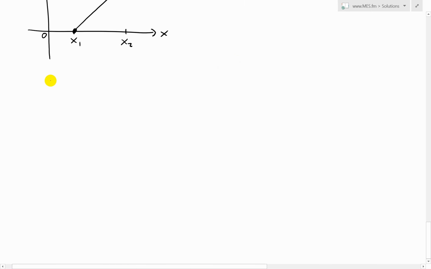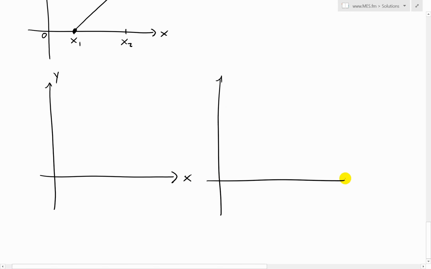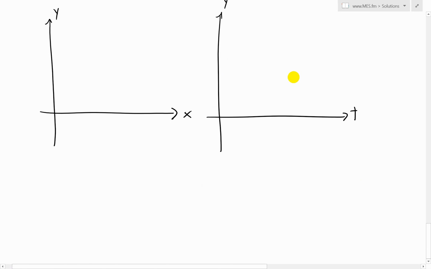Now let's align this accordingly. This is x and this is the y curve. But first let's draw our y and t graph. This is y, that's t. Exactly the same thing: we have y1 here and y2 here.